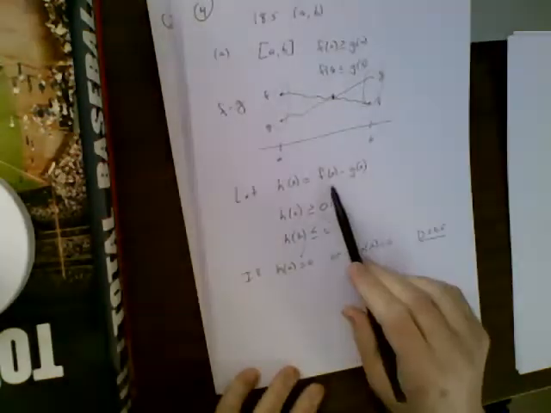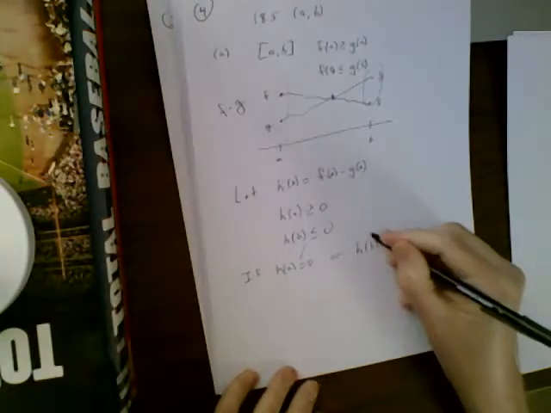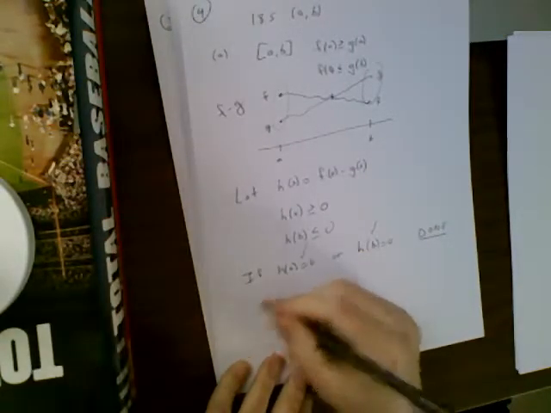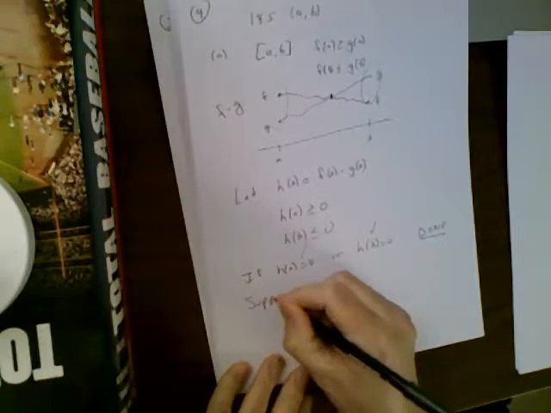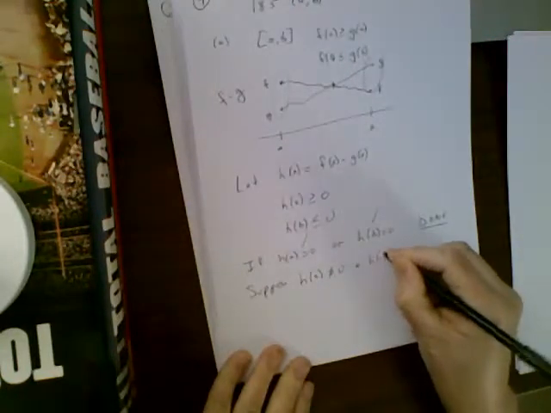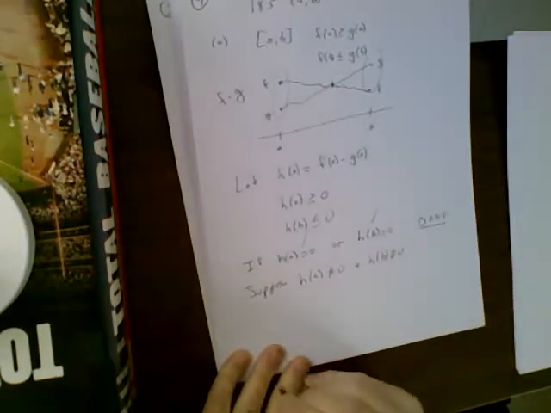If h of b is equal to 0, that's a point where f and g are the same. So, final case, suppose h of a is not equal to 0 and h of b is not equal to 0.